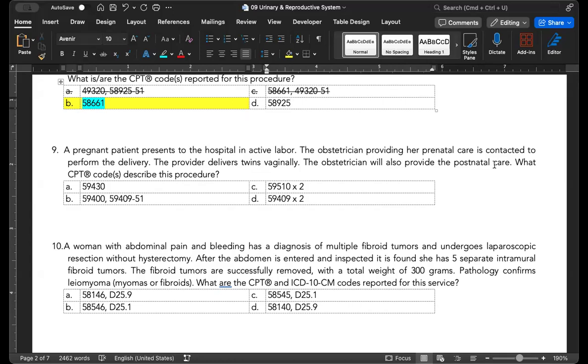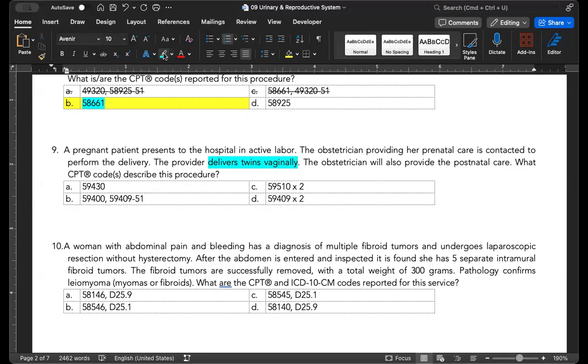When we look at the codes for a vaginal delivery, you've got 59400 through 59410. Technically you only have 3 codes for vaginal deliveries. Everything else in that section is for antepartum and postpartum care.